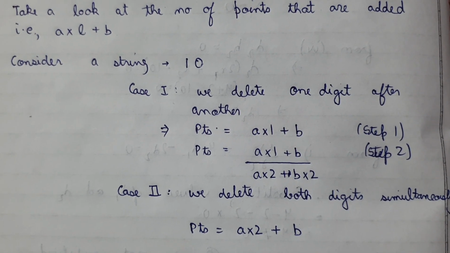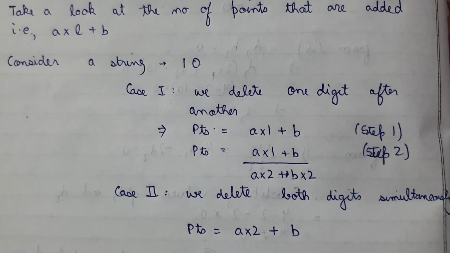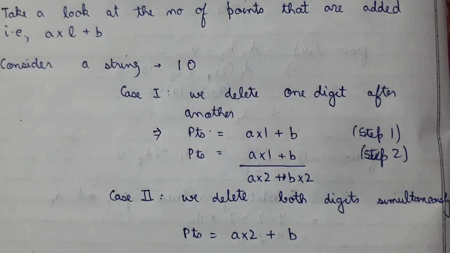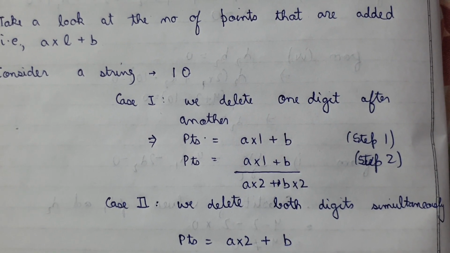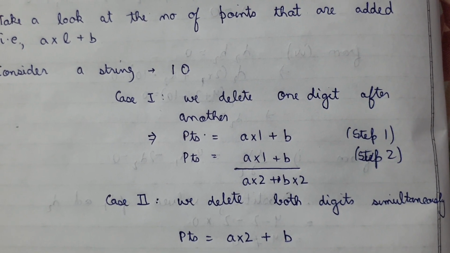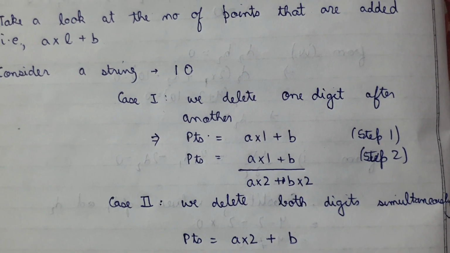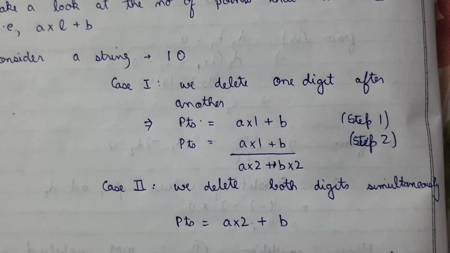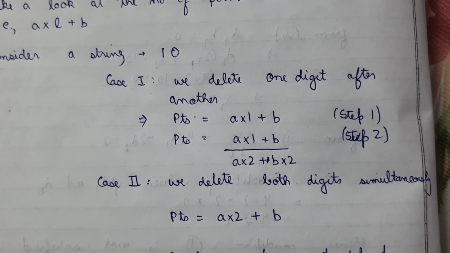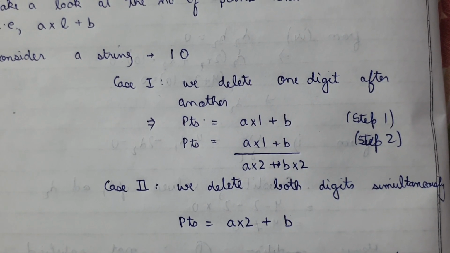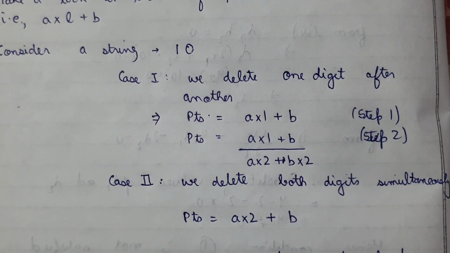The first one is we delete one digit after the other, in which case the point scored in the first step will be a into 1 plus b, and the point scored in step 2 will be a into 1 plus b. And the second case is if we delete both the digits simultaneously, so the point scored in that would be a into 2 plus b.